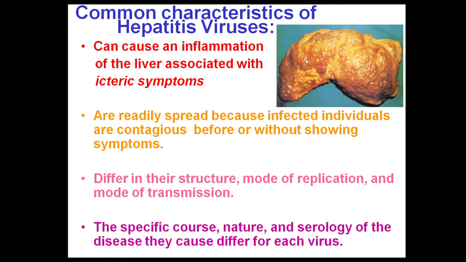From the point of view of immunity, they all are distinct, and they are different antigens by which we may recognize them. So the serology and the course of the disease are different for every single virus.